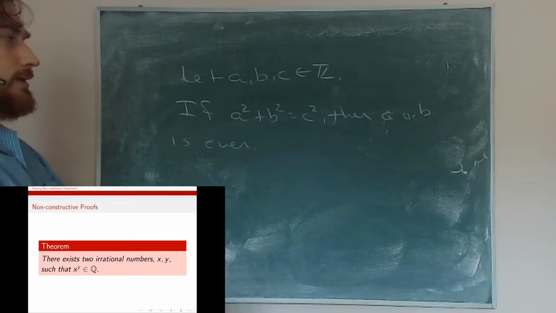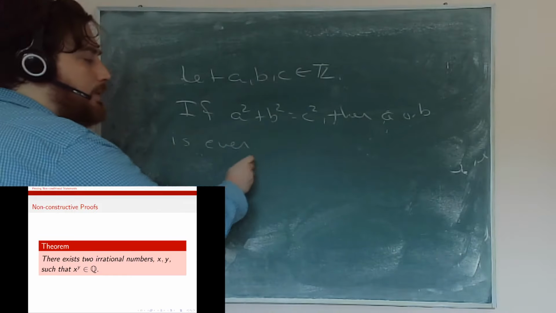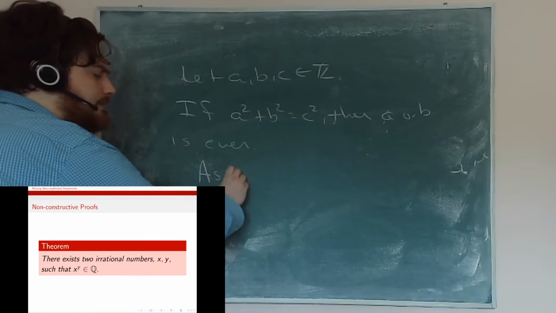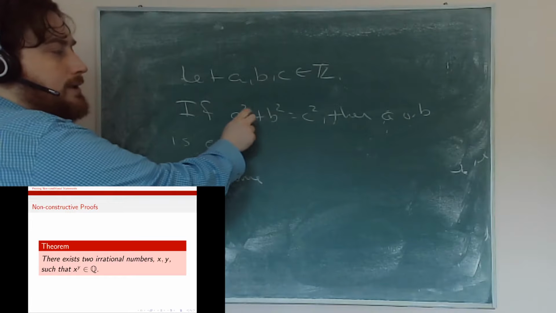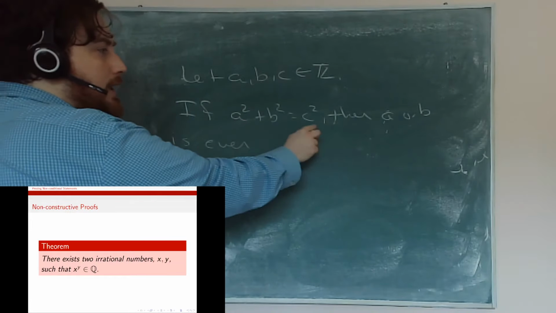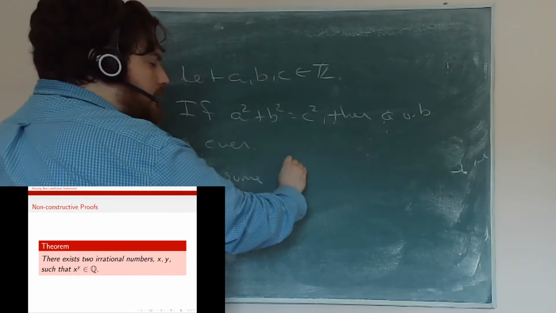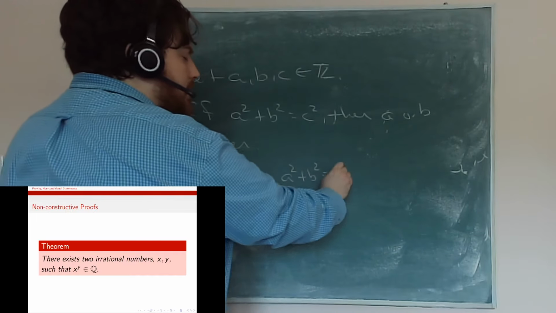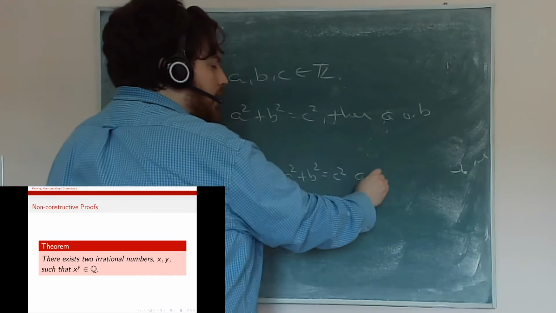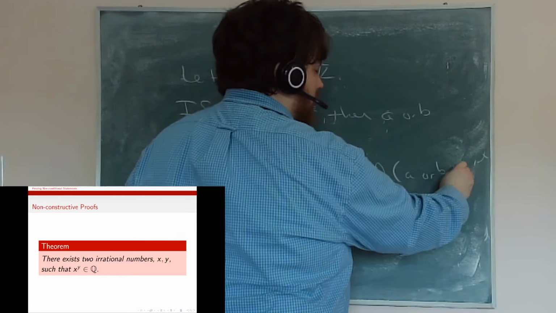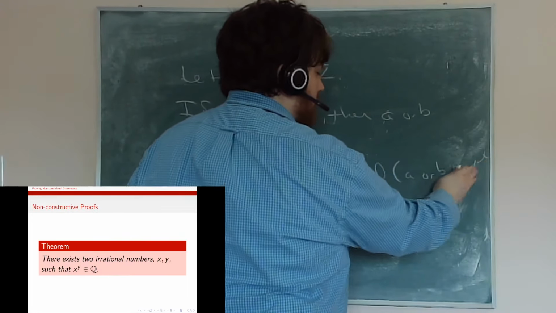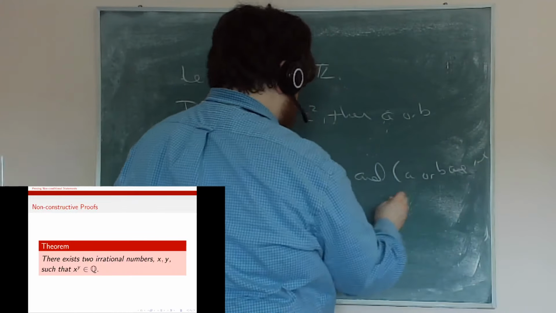The contradiction to an if-then would be to assume, negating an if-then, remember, is P and not Q. So assume that a squared plus b squared is equal to c squared, and a or b are even.